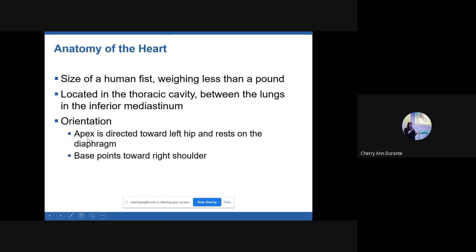Okay. Now, the heart, in essence, is the size of the human fist. And as you can see, it is located in the mediastinum, slightly to the left of its center. So the reason for that, so it's in the thoracic cavity, the reason why the heart is actually slightly to the left side, it is because doon may space. Okay? Because the lungs, as you know, meron kang dalawang lungs, right and left.